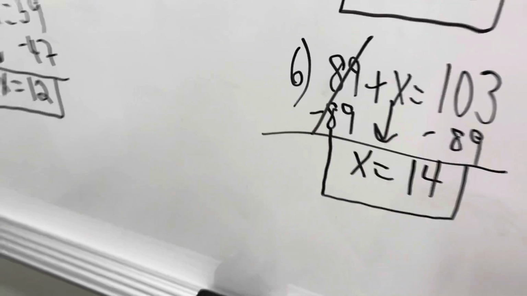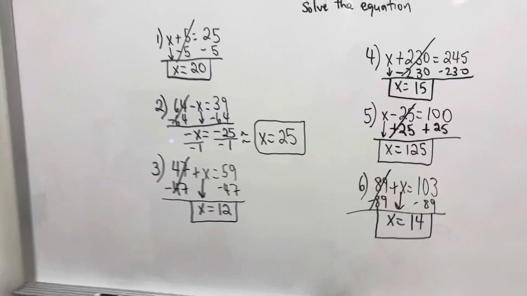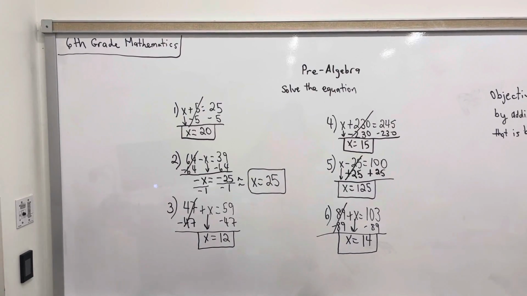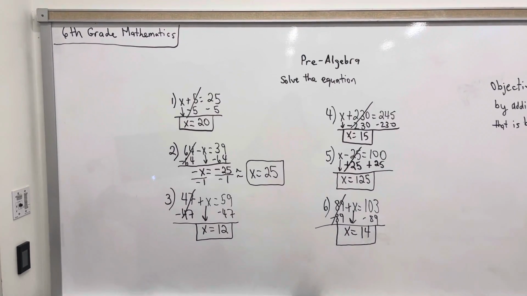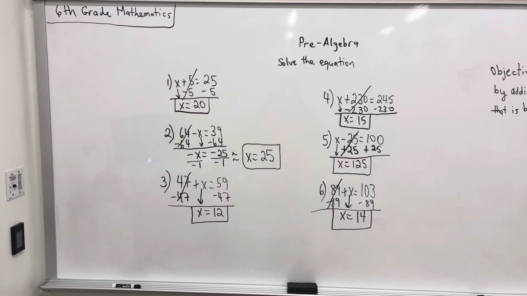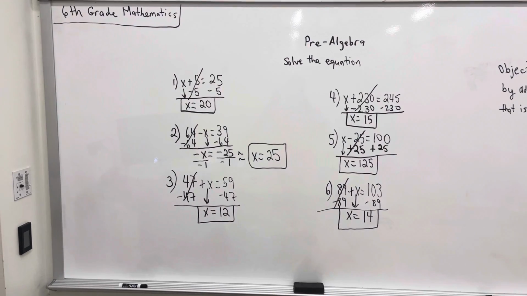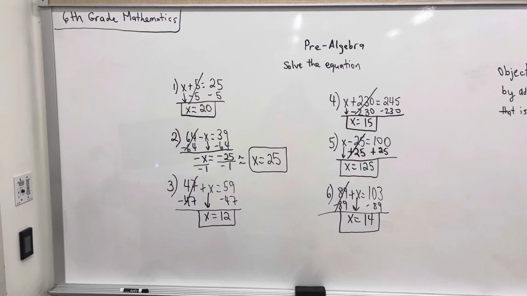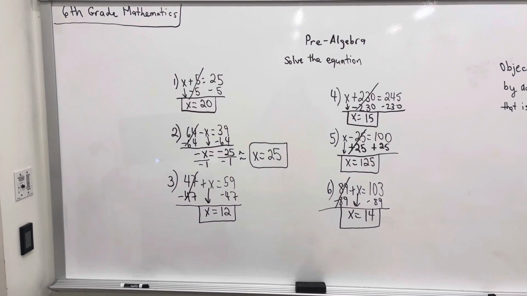And there you have it. This is how you do all the problems. Pretty straightforward. Could be a little challenging, understand. It's pre-algebra. You guys are getting ready to enter the algebra stage, so just keep calm and you got it.